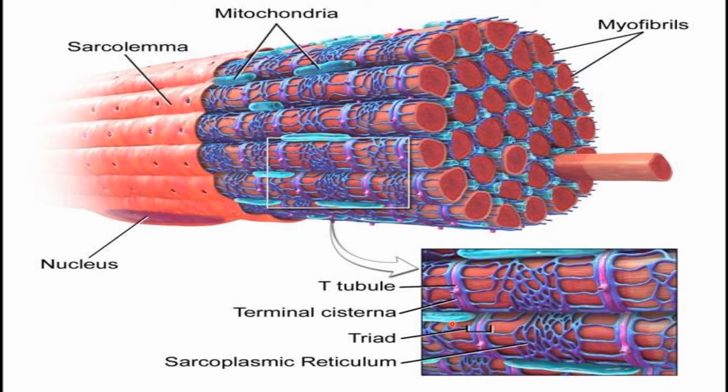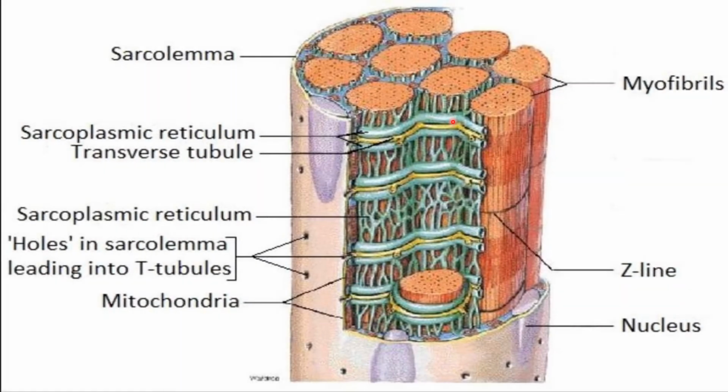This is the terminal cisterna. Again, this is the bundle of muscle fibers which is called fascicle, covered by perimysium. The whole muscle is covered by sarcolemma. This is the peripheral nuclei. These are the sarcoplasmic reticulum.